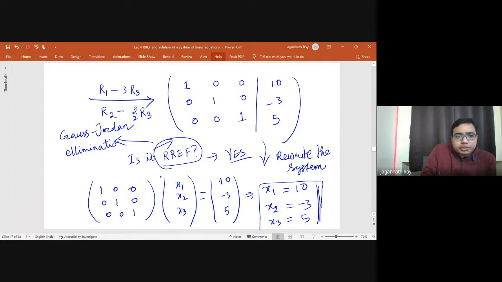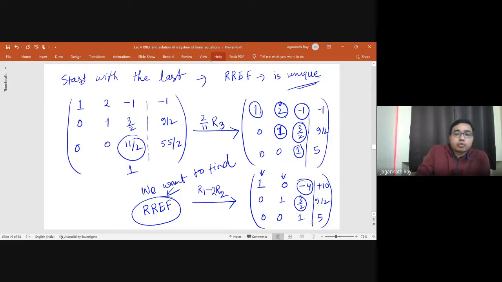Now it is up to the decision maker which one is suitable for them. So it depends on the number of variables and number of equations, whether we will find the RREF, because if you want to find the RREF, then you have to do some more iterations, some more operations.